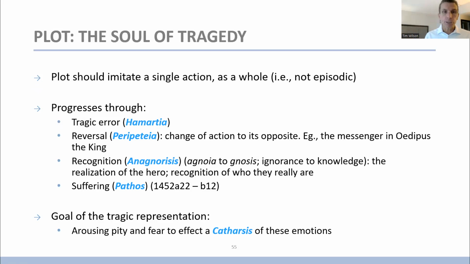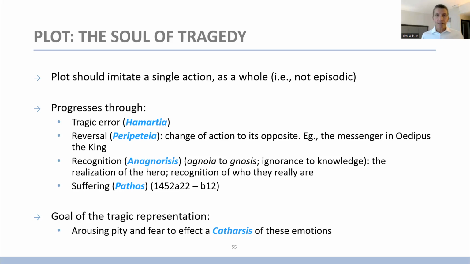And it progresses through a tragic error, a hamartia, a reversal, a peripeteia, which is a change of action to its opposite. So the messenger speech in Oedipus the King is an example where things are going one way, and then Oedipus discovers that his whole identity is different, and it reverses his fortune from great man to scourge of the city.